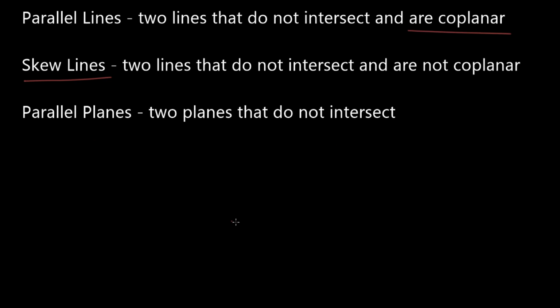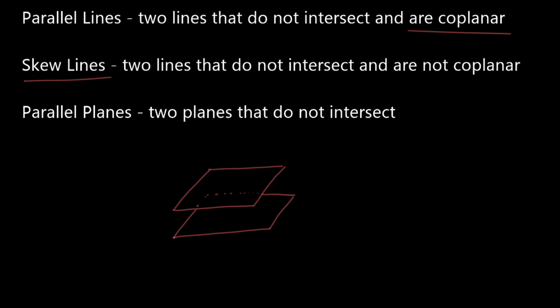So what I'm going to do is sketch a pair of parallel planes here to help us emphasize our point. I've got a plane, and then I'm going to have another plane below it. So I've got these two planes, one beneath the other.